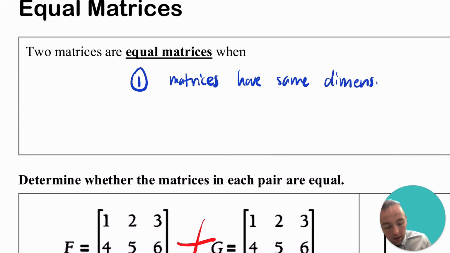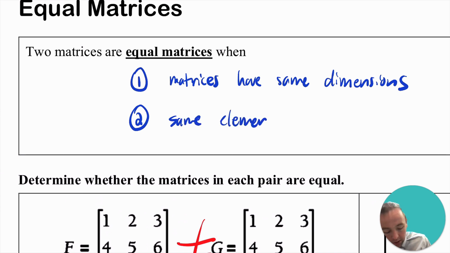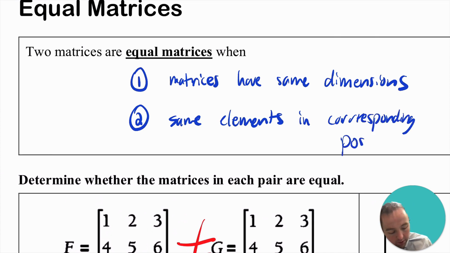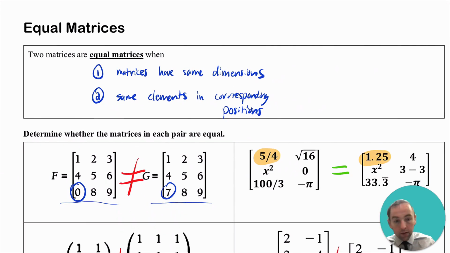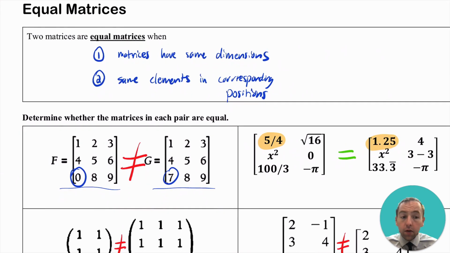So if one's a 7 by 10 matrix, the other one needs to be 7 by 10, but not only that condition needs to hold, we also need to have the same elements within the 2 matrices, but not just in any place, they need to be in the same corresponding position, so same elements in all of the corresponding spots. And that will make matrices equal to one another. Okay? So overall, it's a pretty straightforward concept, but to really boil it down to those characteristics, it takes looking at some examples to understand that.